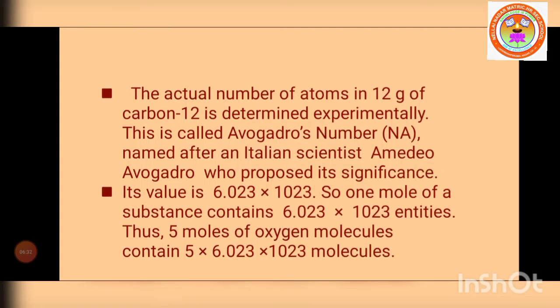The actual number of atoms in 12 gram of carbon-12 is determined experimentally. This is called Avogadro number, and that is also very important.